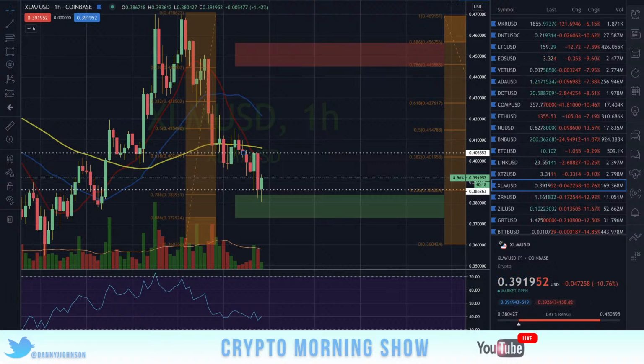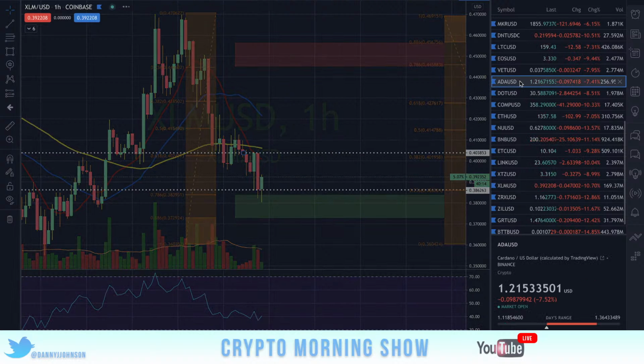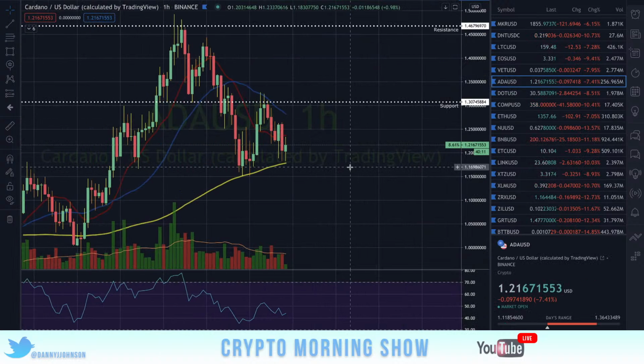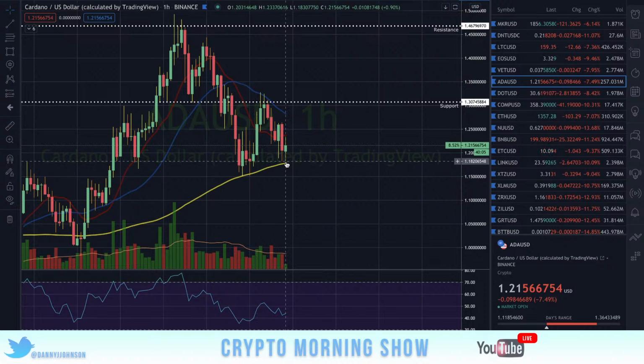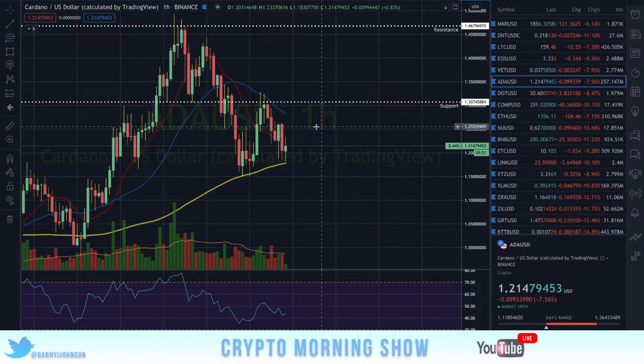Moving on, we're going to do Cardano, another mover that's gotten a lot of attention. ADA, as you can see, we're finding some really good support off this 100-day moving average here on the 1-hour time frame. It is trending upwards. We have the 12-day curling up, so we're going to look for that to cross the 26 maybe in the next 3 or 4 hours, possibly longer.